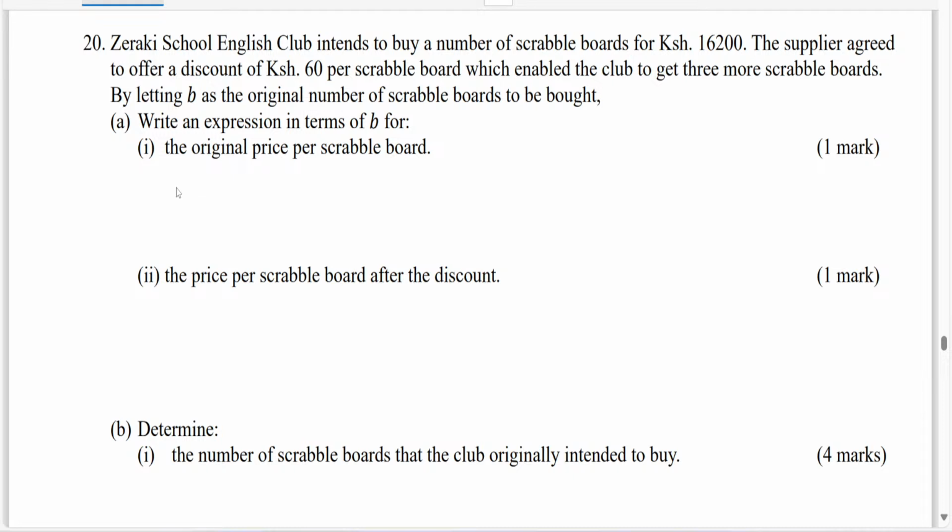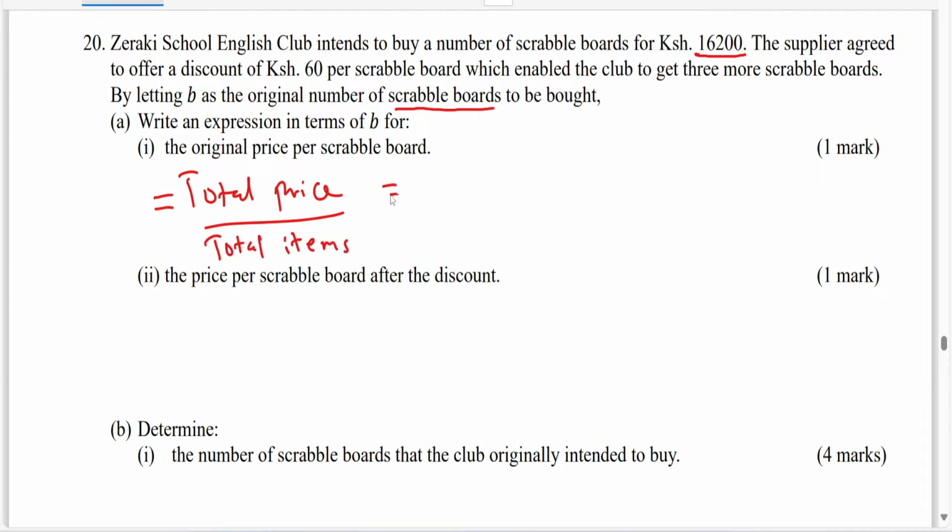So let's say write an expression in terms of B for the original price per Scrabble board. So remember, iliuza total ya hizo Scrabble boards was 16,200. So your B is the original number of Scrabble boards. So if you are to calculate the price per Scrabble board, then you take the total price, divide by the number of items.